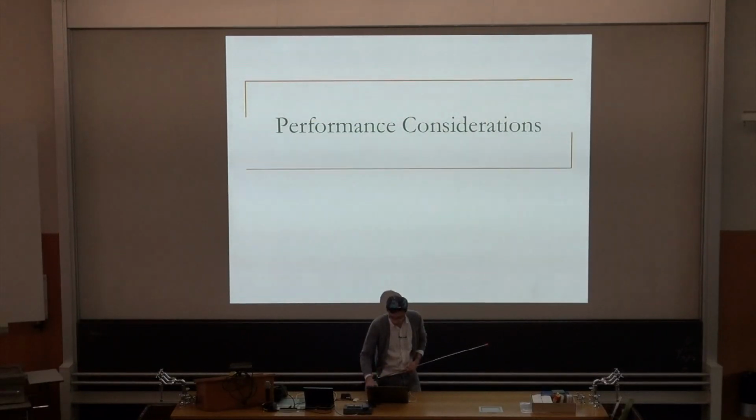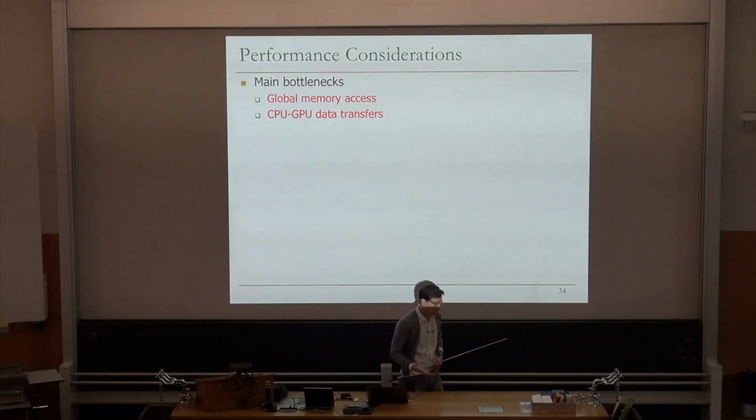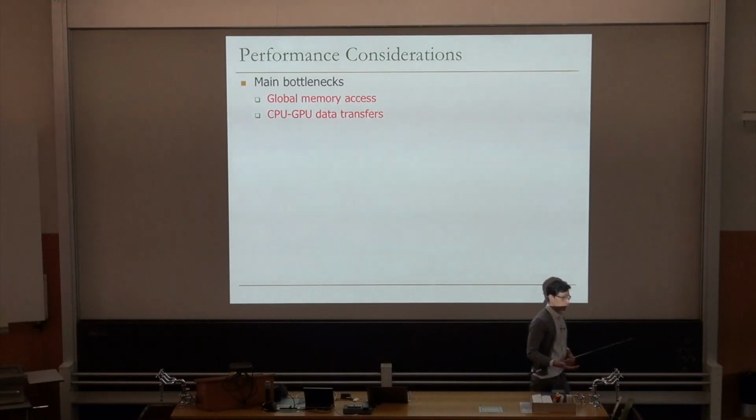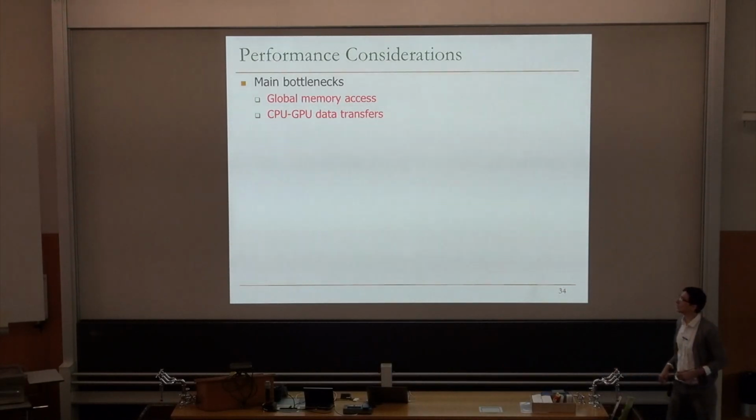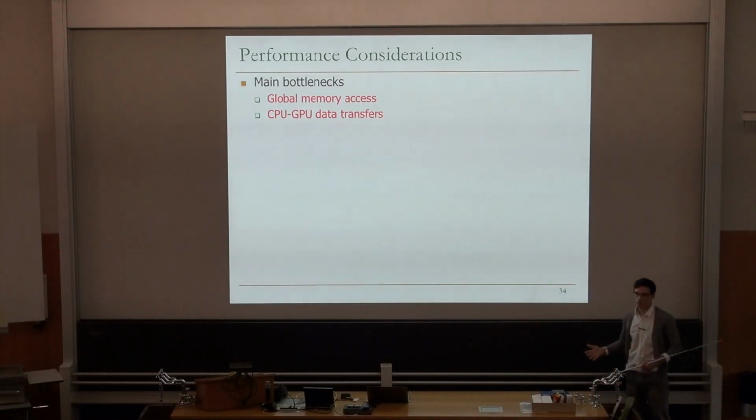So, what are we going to cover in these performance considerations? Obviously, how to overcome the main bottlenecks that we are going to find when programming and computing on GPUs. As I mentioned at the beginning of the lecture, this is going to be data movement, data access, and there are 2 main things to consider.